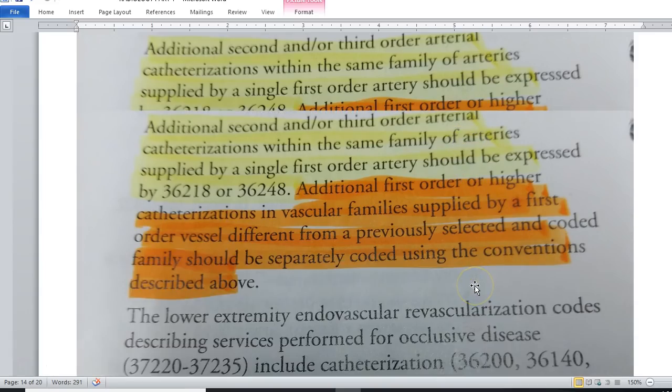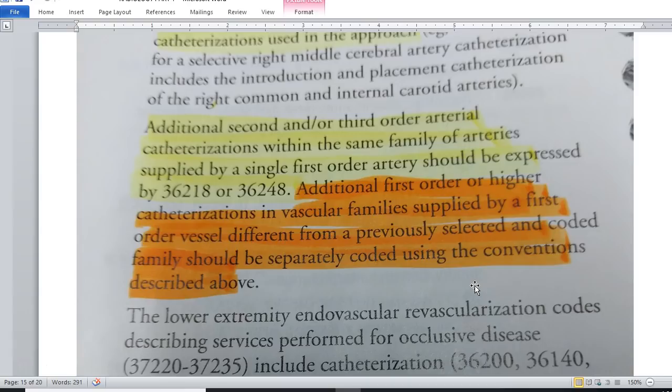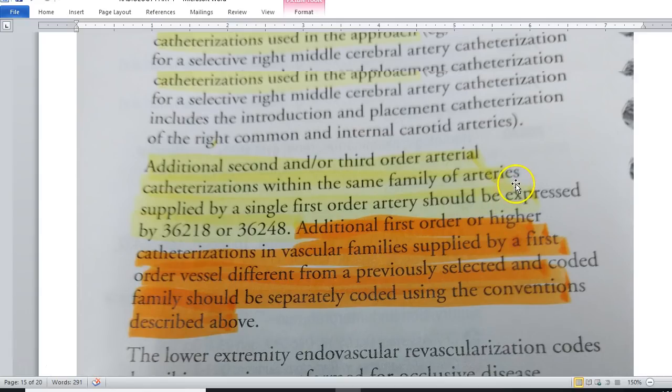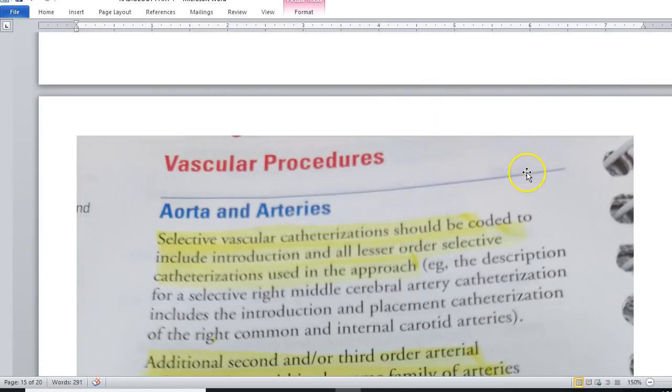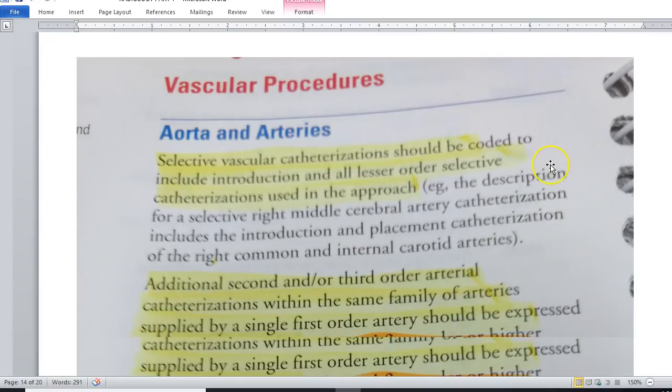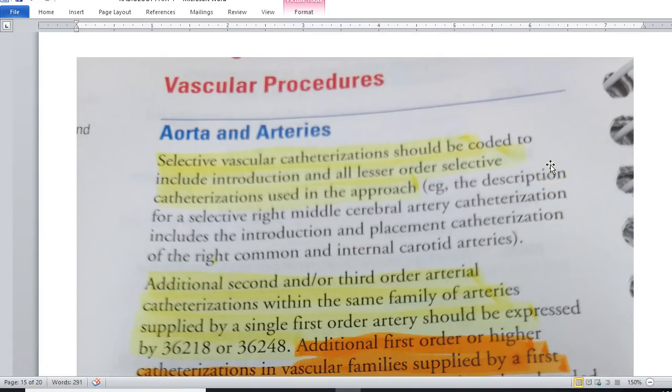Now, the next section is one that we've seen quite a few times already. We have seen this in cardiac surgery. We have seen this in medicine, and now we're seeing it also in radiology. The guidelines are basically the same no matter what section.